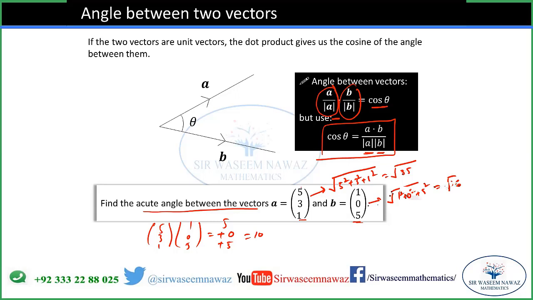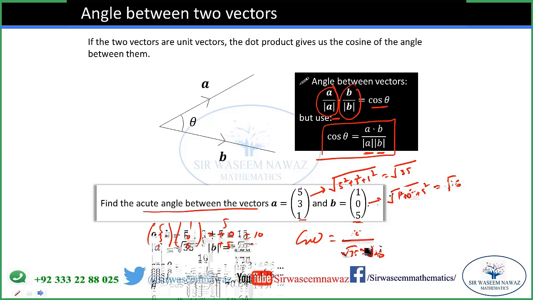So these are the magnitudes, and this is the dot product. So cos theta will be A dot B, that is 10, divided by the square root of 35 times the square root of 26, and you can use your calculator to find the angle. That will be cos inverse, 70.64. So this is the angle between the two vectors.